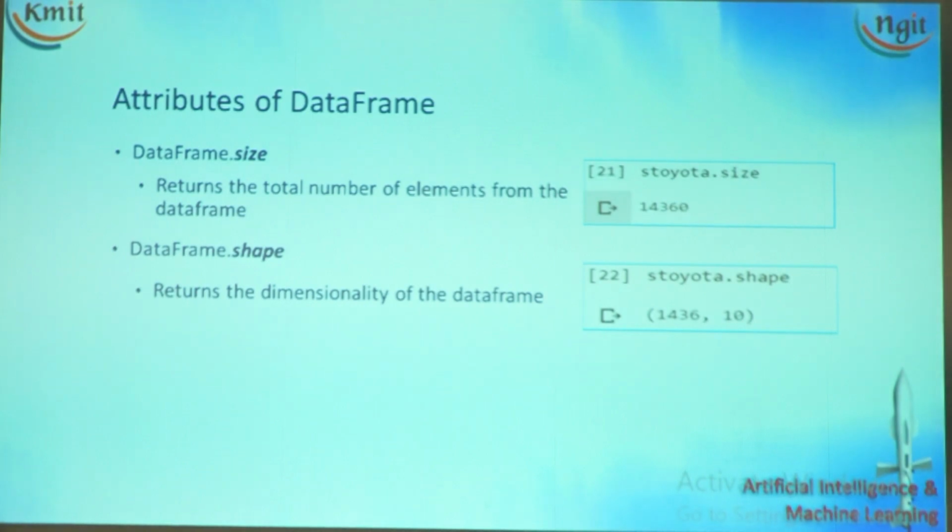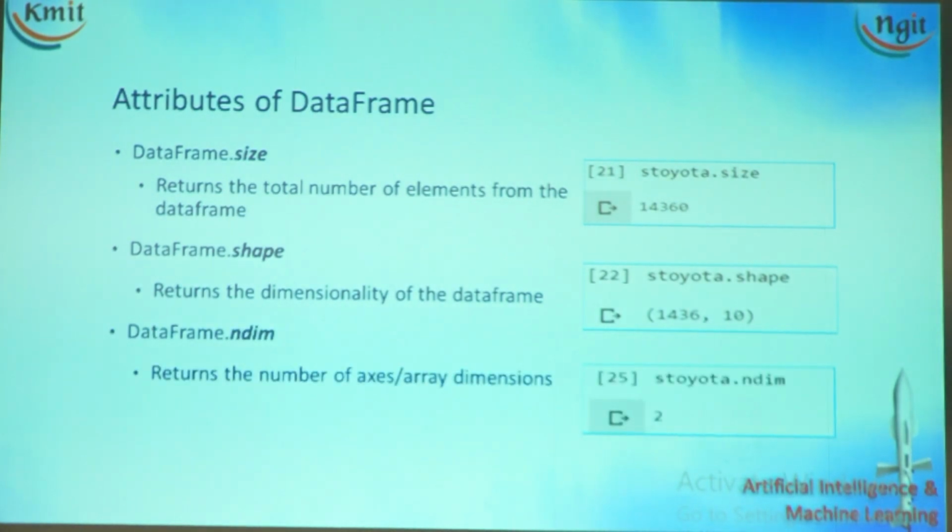Important: the dimension of your data frame, guys, is 2 dimensions, because only rows and columns, that's it. There is no z dimension to it. We are working with only tabular data, so ndim is going to be 2. We also studied ndim in Numpy.